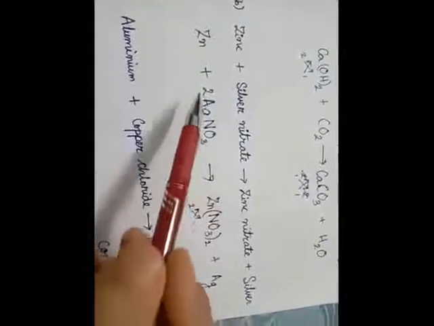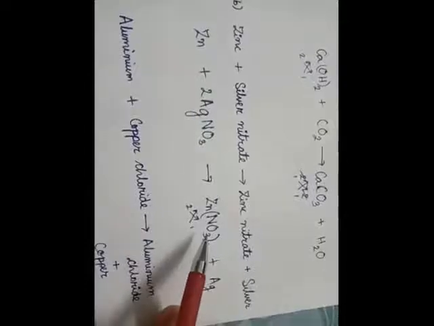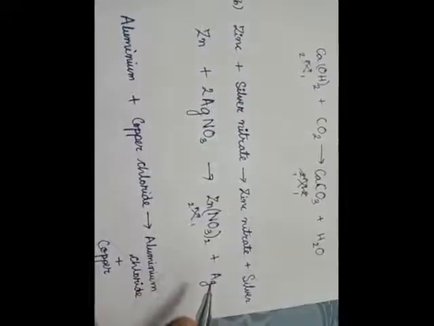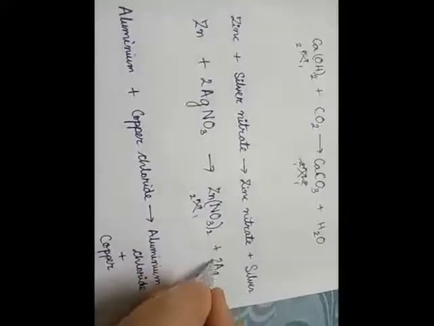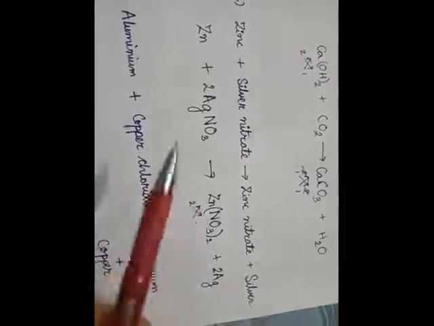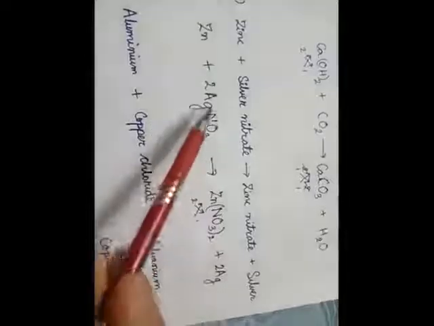Now there are 2 nitrate groups on both sides. Here is 1 zinc and here is 1 zinc, so that is balanced. Here is 1 silver and here are 2 silver, so to make them equal on both sides, we put a 2 here. Now the equation is balanced: 1 zinc, 2 silver, 2 nitrate and 2 nitrate. Let us go to the next one.